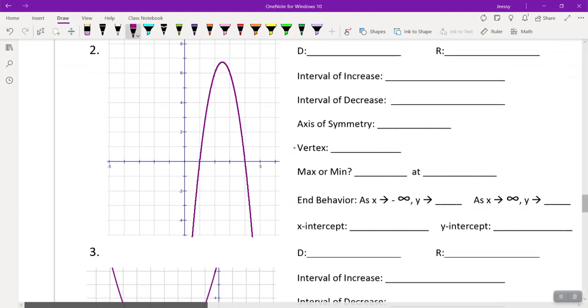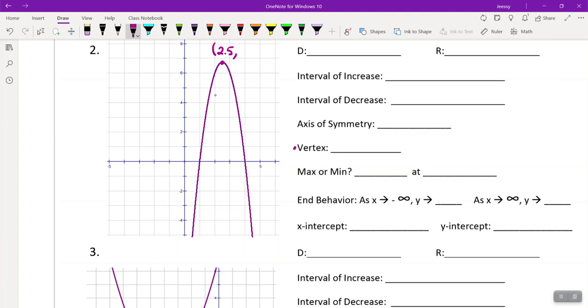I would start with the vertex first. So go ahead and read the vertex. Can we come up with coordinates for this? Which x value do you think it is? It's not 3.